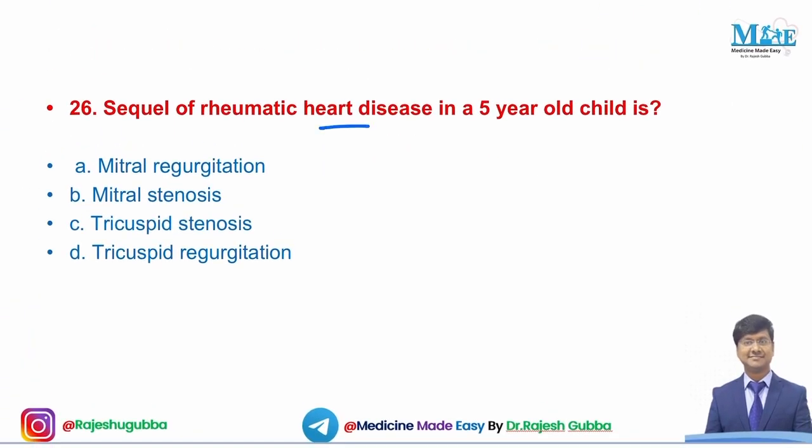Sequelae of rheumatic heart disease in a 5-year-old child is: mitral regurgitation, mitral stenosis, tricuspid stenosis, tricuspid regurgitation. Please remember, in children the most common valvular lesion in rheumatic fever is mitral regurgitation.